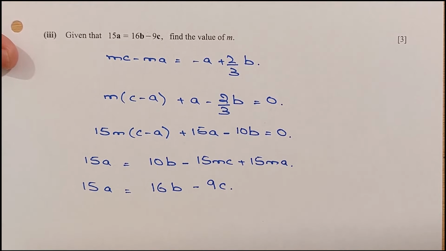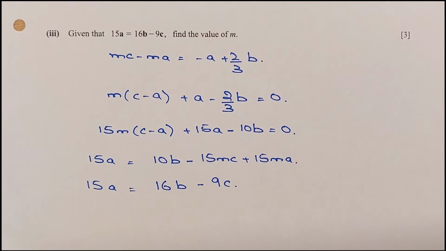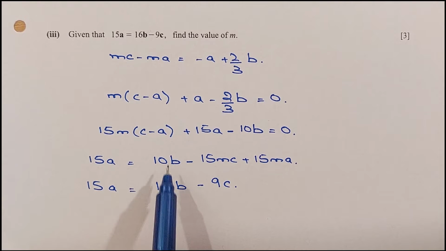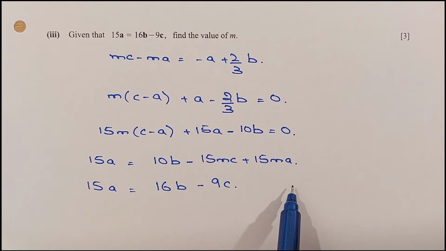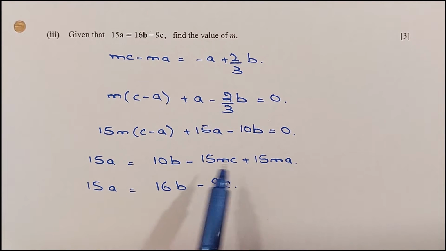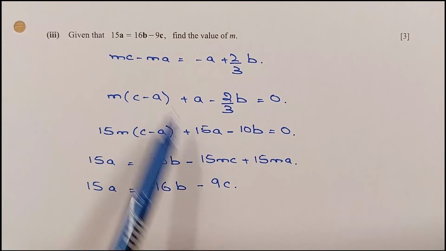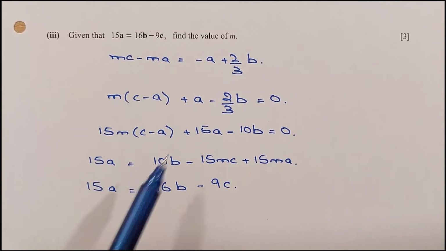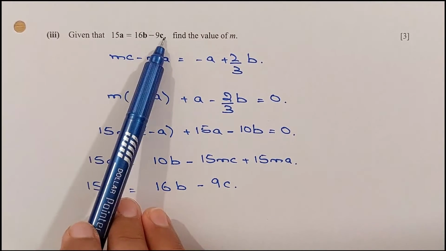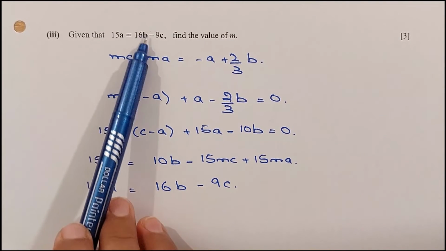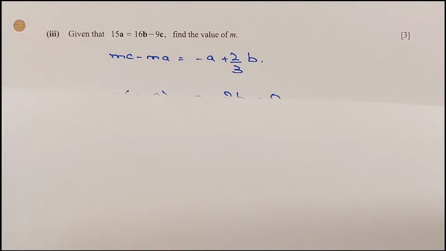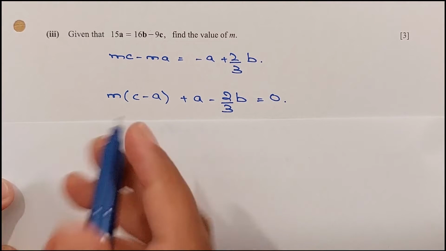So let me compare this. But here you can see we can compare the B and the C, but there is no A term in this equation, so we cannot compare the A's. So we are not making the form of 15A; we have to keep our equation in the form of A and C because M has A and C. So we have to make the equation with 16B.